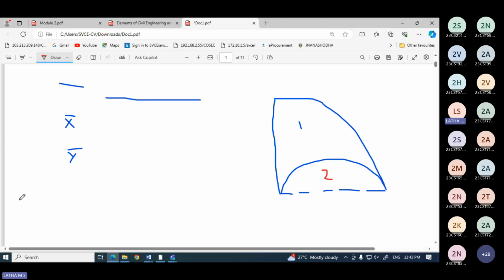What is 1, students? 1 is a quadrant. And the second one is a semicircle. So for a quadrant, x bar and y bar is 4r by 3 pi and 4r by 3 pi.